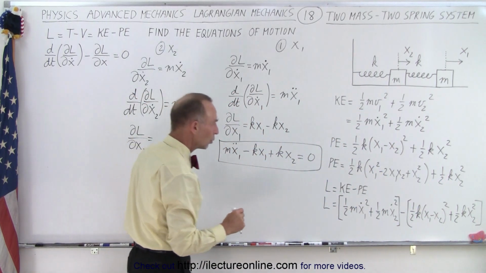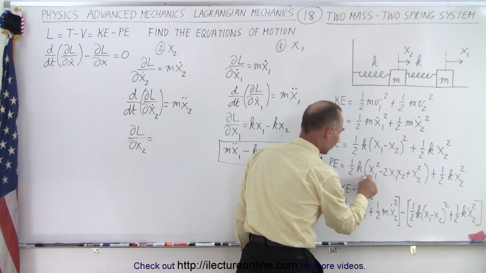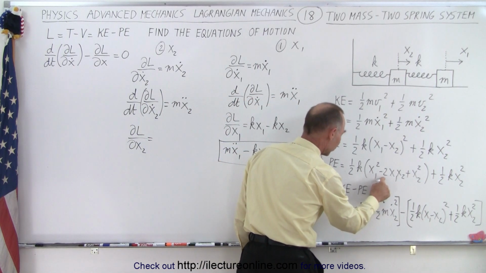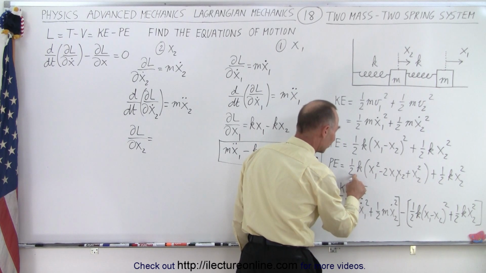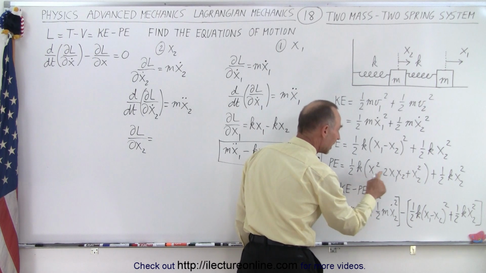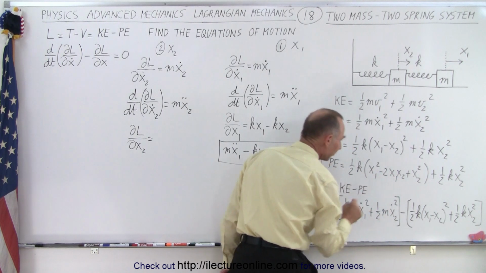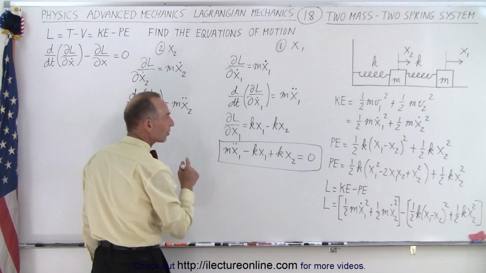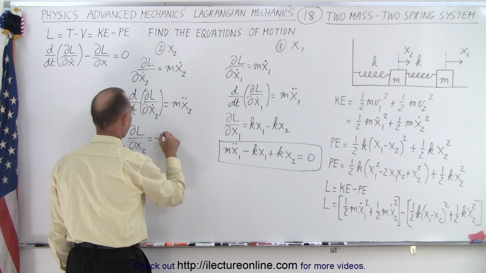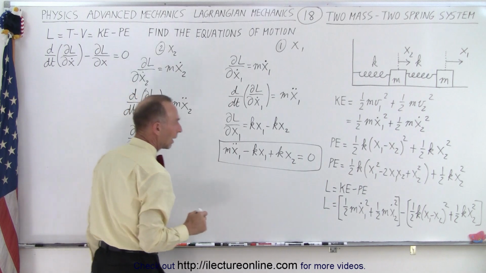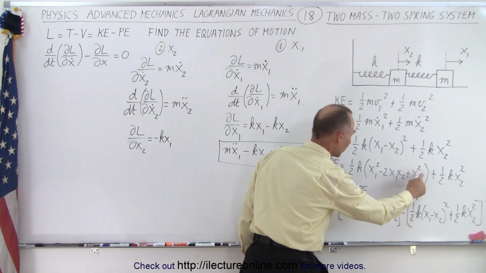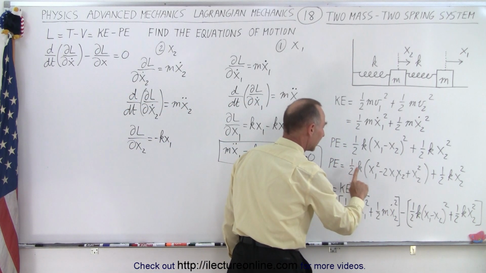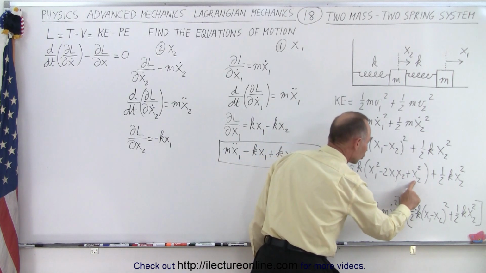So this is equal to, this goes to 0. Here we end up with minus 2 times 1/2. That gives us 1 times k x1, because x2 is now the variable. So that would be minus k x1. And for this one here, we'll end up with 2 times 1/2, which is 1, k times x2.